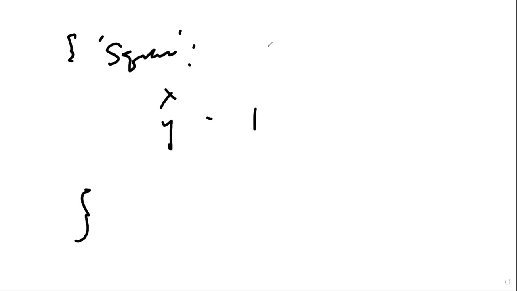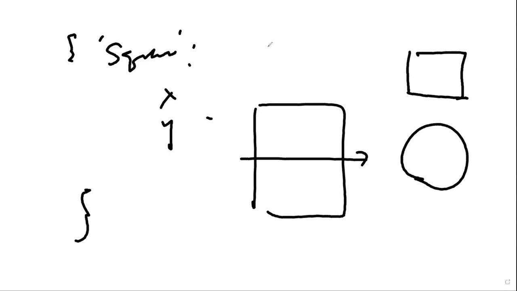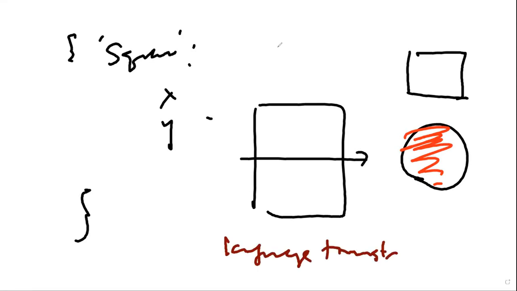And you translate, and it becomes a square in graphic mode, or a circle, maybe a circle with some red color in there. This is again a language translation system, and it will be a good term project.